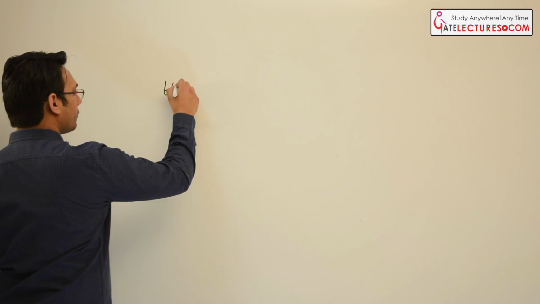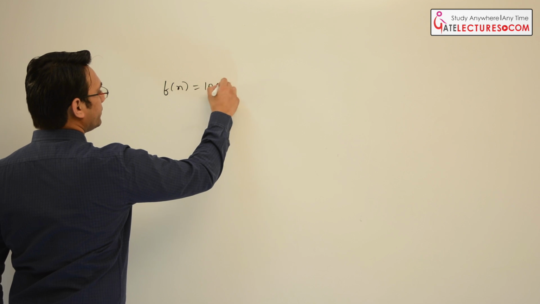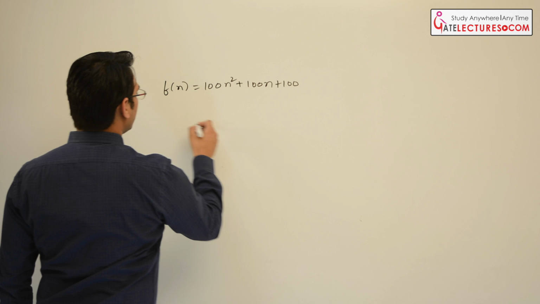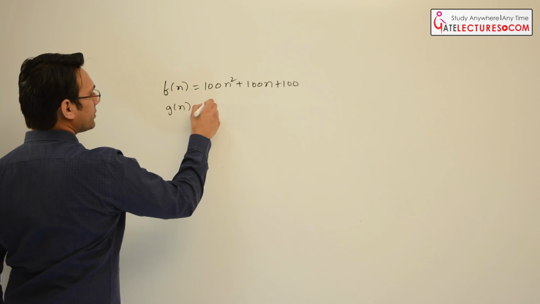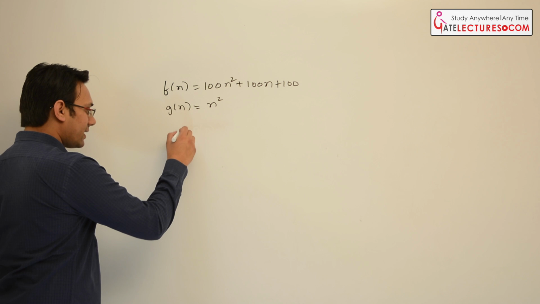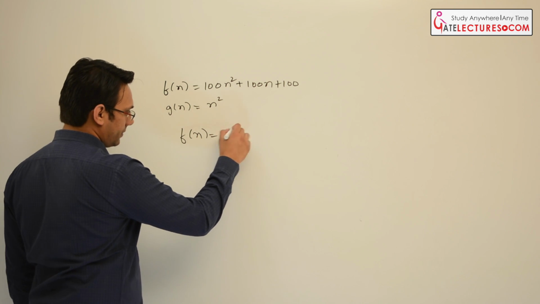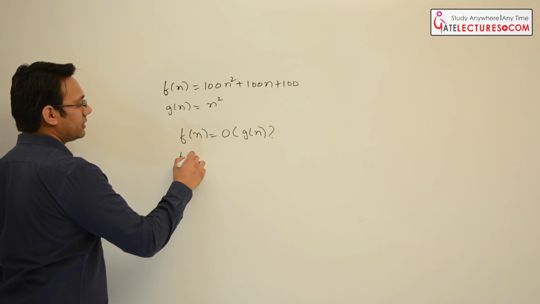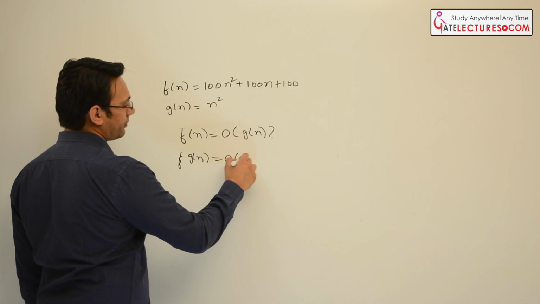Now let us say Fn is 100 n square plus 100 n plus 100 and Gn is n square. Now in this case, can you say that Fn is order of Gn, or can you say that Gn is order of Fn?